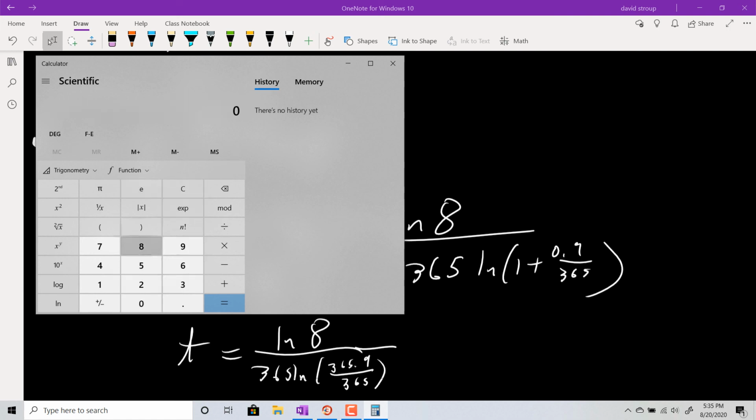Sorry, I'm not used to this calculator. 8 ln divided by parentheses, let's put another parentheses in there. 1 plus 0.9 divided by 365, and the parentheses on that inside, but then I want to take the log of that chunk, and then end the parentheses on that thing, and then multiply it by 365.